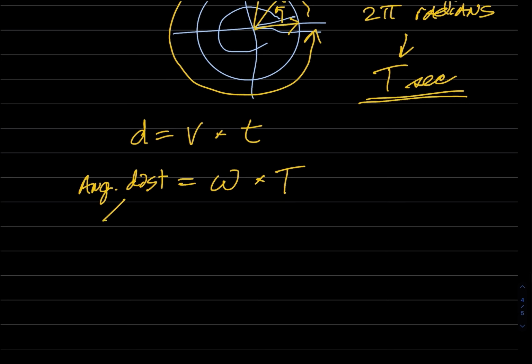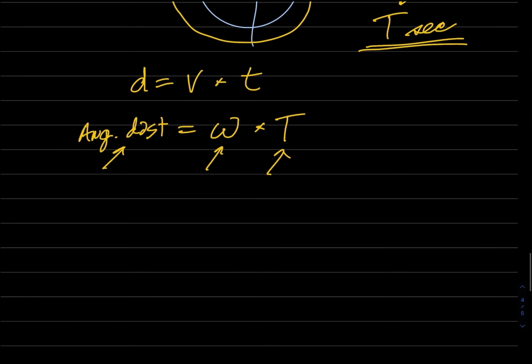Angular distance is in radians, angular velocity is in radians per second, and time is in seconds. So the units work out. So in one complete rotation, the angular distance is 2 pi, the angular velocity is omega, and the time is t, the period.